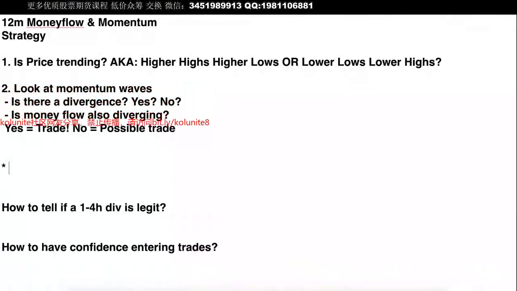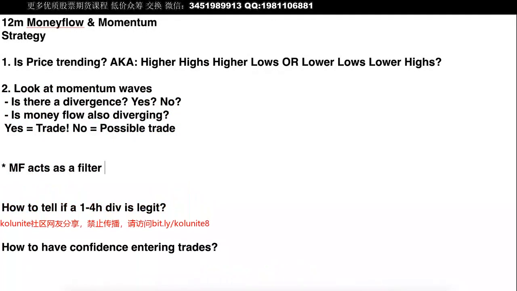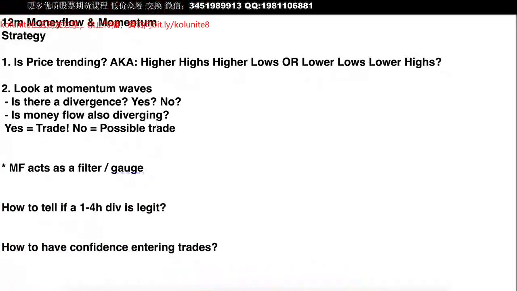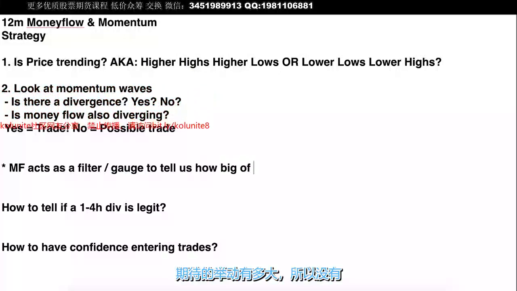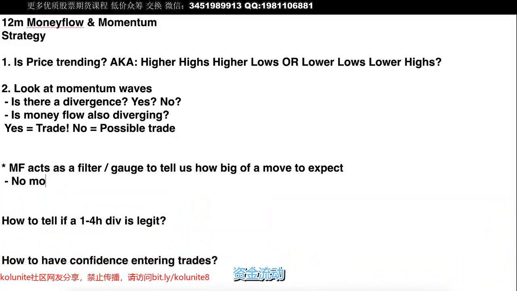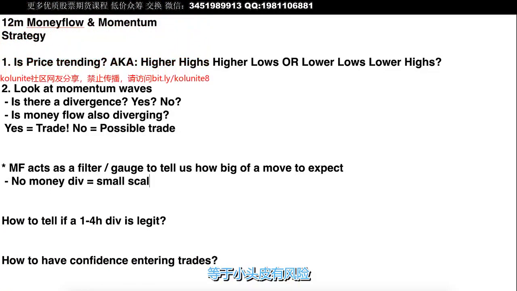All right, so money flow acts as a filter / gauge. I don't know how to spell gauge, guys. To tell us how big of a move to expect. Okay, so no money flow div equals small scalp, risky.